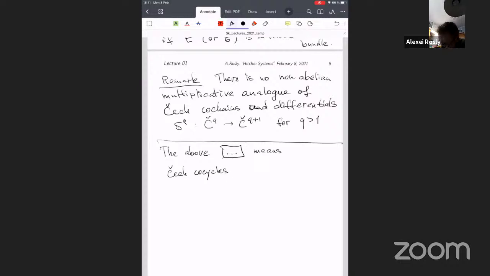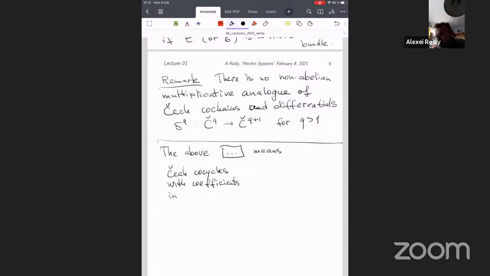Cocycles with coefficients in. What I'm going to write now will look like a tautology actually, but it's a sort of useful tautology.